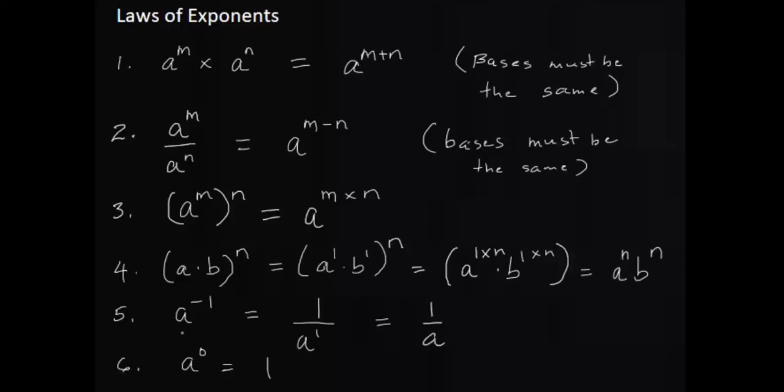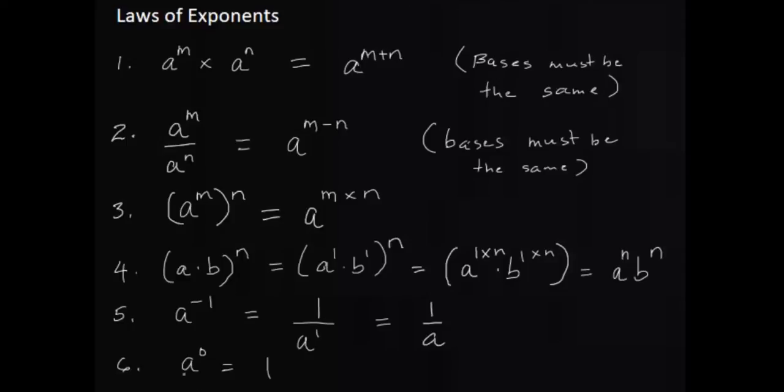And the fifth law of exponents says if you have a term raised to a negative 1, this term can be written with a positive exponent by just simply saying 1 over that term raised to the positive exponent, or simply 1 over a in this case.